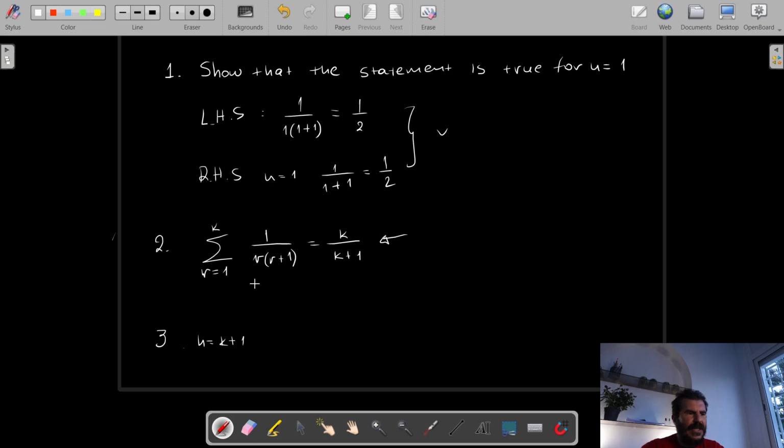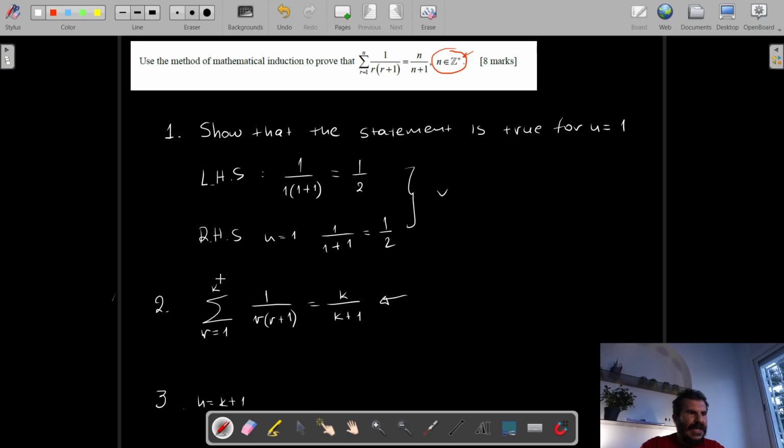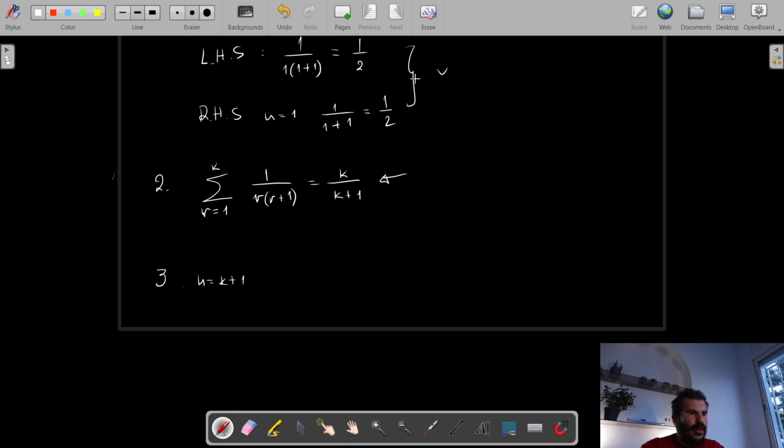Now this is the most important part. Here for n equals k plus 1, I have to check what it will give me at the end as an answer. So on the expression n over n plus 1, I will put k plus 1 instead of n.